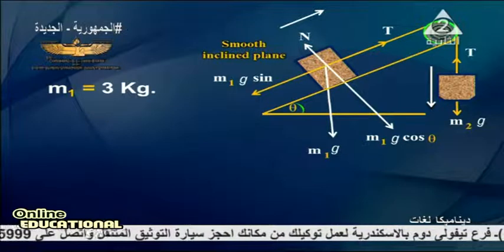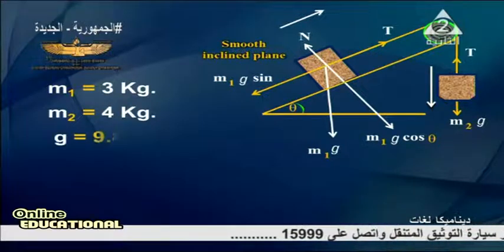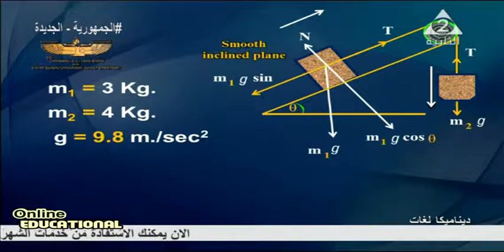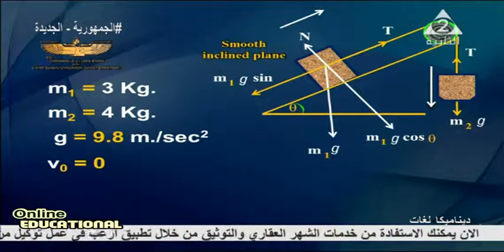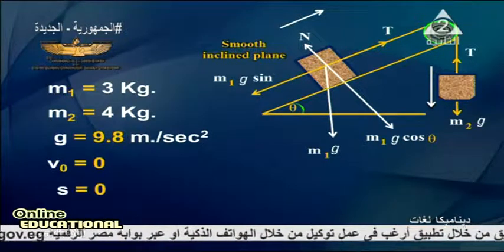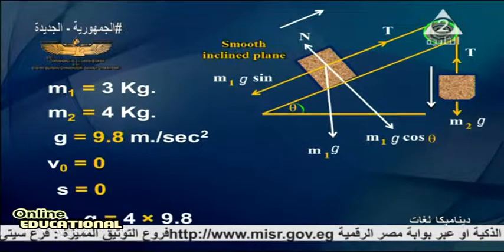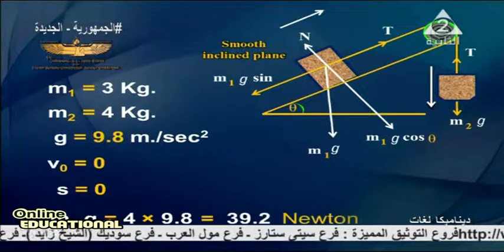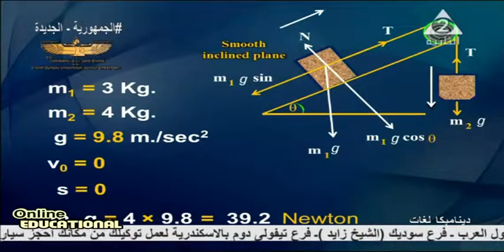M1 equals 3 kg, M2 equals 4 kg, and g equals 9.8 meters per second squared, and the system starts from rest, then V naught equals 0 and travel distance S equals 0. Then M2g equals 4 times 9.8 equals 39.2 Newton.